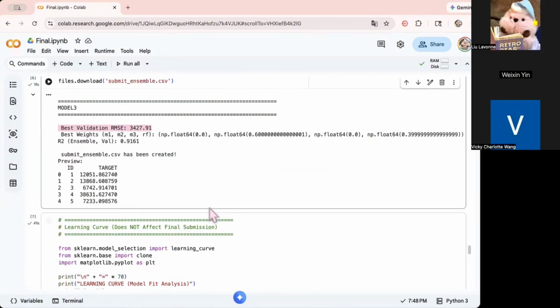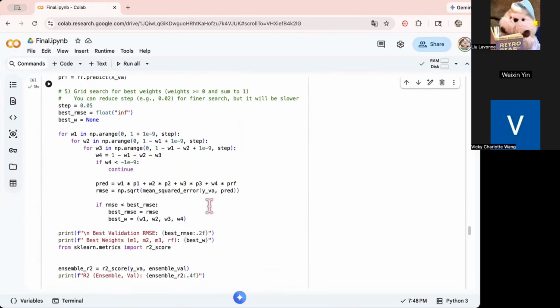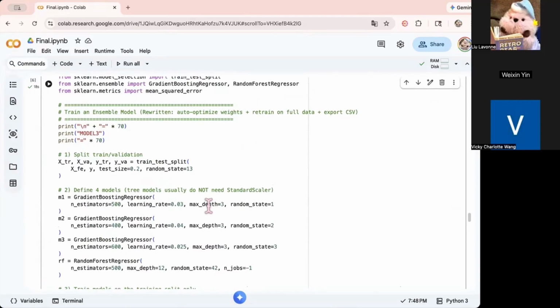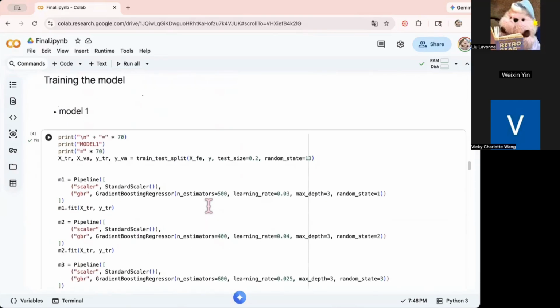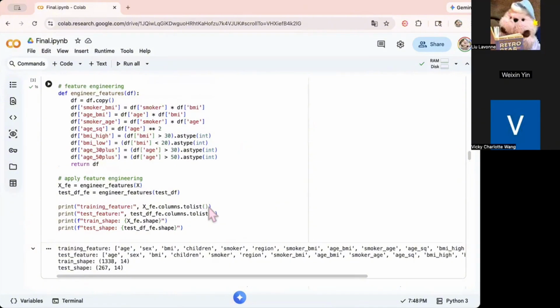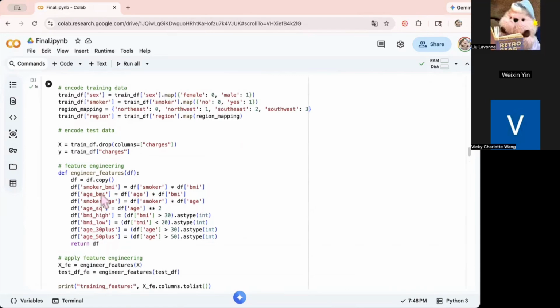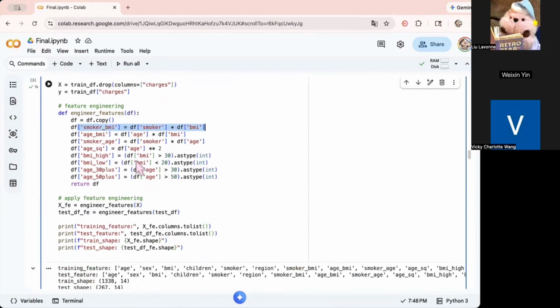Third, we evaluated the contribution of feature engineering by comparing validation RMSE before and after adding interaction and nonlinear terms. Interaction features such as smoker multiplied by BMI and smoker multiplied by age reduced validation RMSE noticeably, confirming that nonlinear risk interaction effects exist in the data.